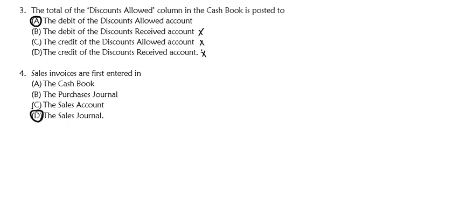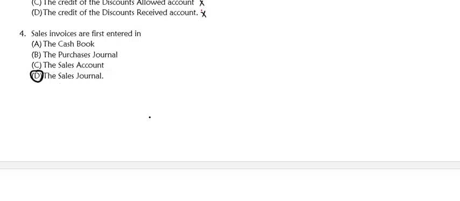So the sales journal is a book of original entry which records credit sales, and we know that these sales invoices are always issued when goods have been sold on credit. So sales invoices will first be entered in the sales journal. The rest of the options are distractors, they are incorrect.